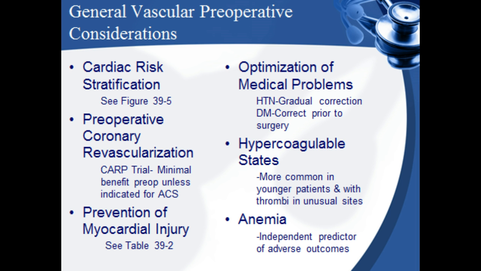A subsequent subgroup analysis of the CARP trial studied coronary artery bypass grafting, or CABG, versus percutaneous transluminal coronary angioplasty, or PTCA. The CABG patients had fewer MIs and spent less time in the hospital after vascular surgery than those having PTCA. Preoperative coronary revascularization may have no benefit for the prevention of adverse events except in patients where revascularization was indicated for acute coronary syndrome.